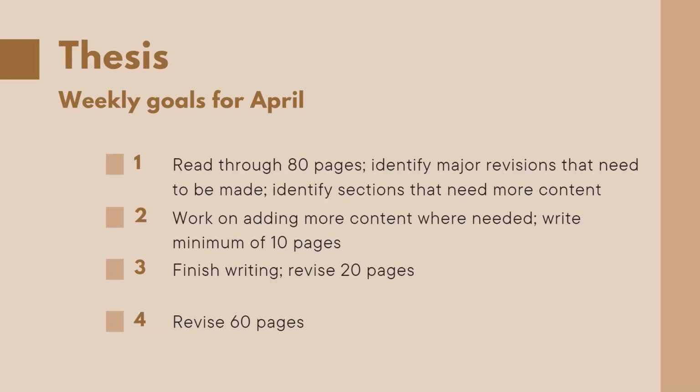So essentially, we're putting pressure on that first week to read through everything so that we can develop a plan for how to use the next 2 weeks. That means that the second week, we're going to put focus on working on adding more content where needed. So we want to write a minimum of 10 pages, which should be routine at this point.